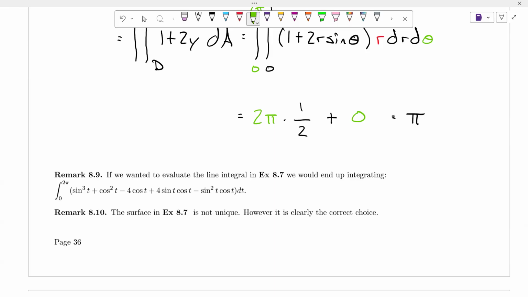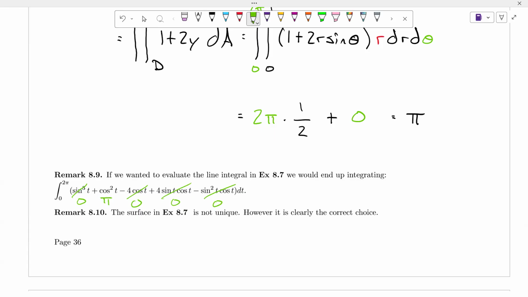If we just kind of look at doing that, sine cubed is going to integrate to 0. Cosine t will integrate to 0. That integrates to 0, and that integrates to 0, since all of those are symmetric functions going over a full circle. So the only thing that survives the integral process is cosine squared, and it's got a value of pi. So it'll come out to the same answer.